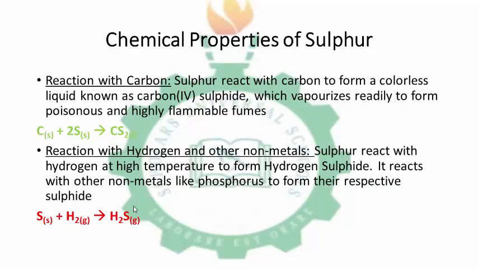Now reaction with carbon. Sulphur reacts with carbon to form a colourless liquid which is known as carbon(IV) sulphide. Now carbon(IV) sulphide vaporizes readily to form poisonous and highly flammable fumes.